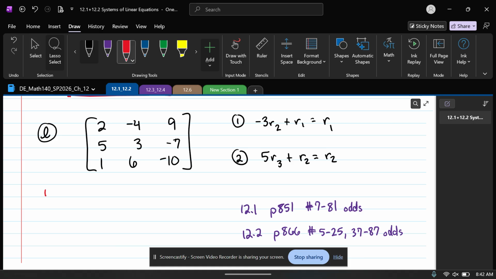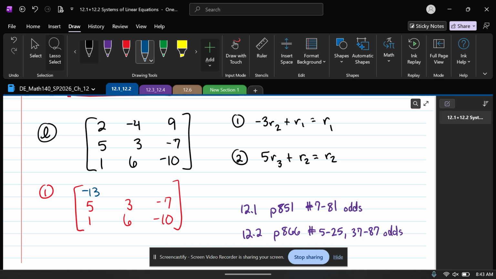So on the first one, I'm going to copy down row 2 and row 3. I'm not changing those. Don't try to do too much at once with this because it just gets confusing if you do. So we're taking negative 3 times row 2 and adding it to row 1. So negative 3 times 5, negative 15 plus 2 would be negative 13. So row 1 has a negative 13 right there.